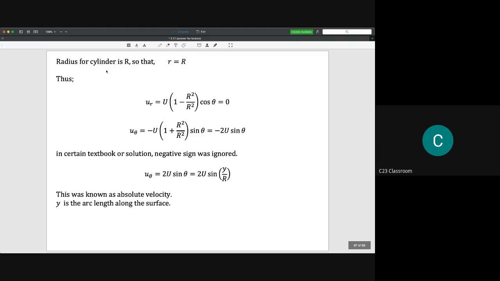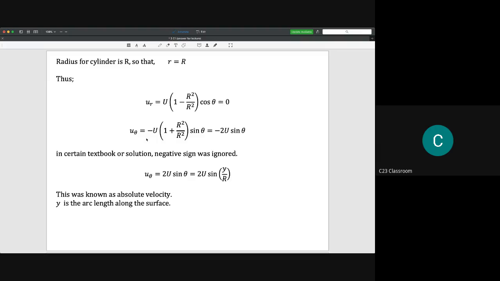Because the cylinder is a solid object, the radius R here is fixed, so we substitute the value of R into the velocity equations. We found that U_r is equal to 0, which means the fluid molecules will travel on the surface of the cylinder only.